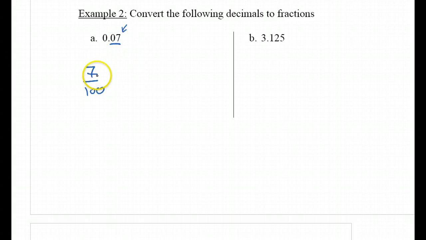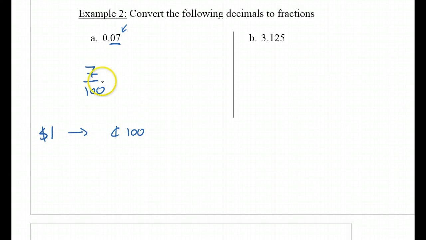So what this says here is that you have 7 out of 100, or 7 divided by 100. So if I was to take $1, and if I was to break it up into pennies, into cents, I would have 100 cents.